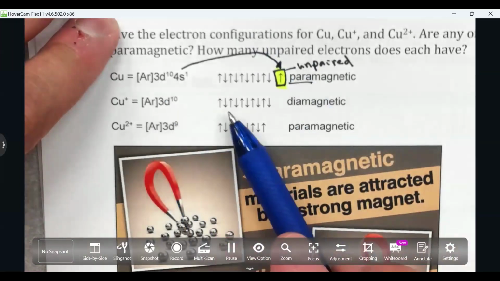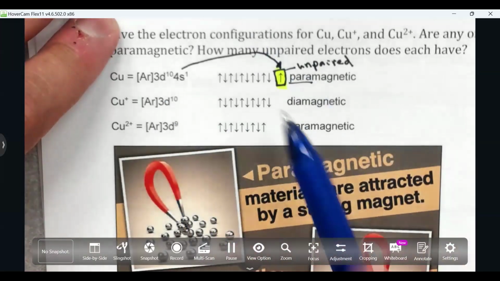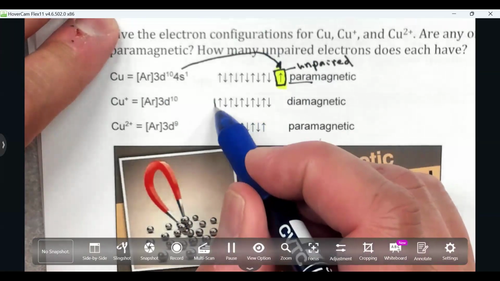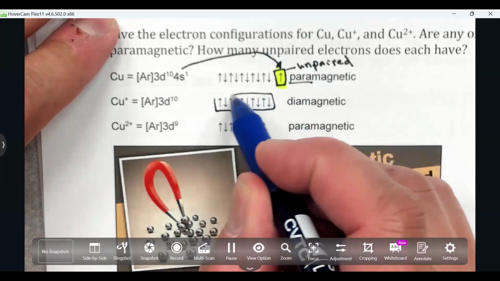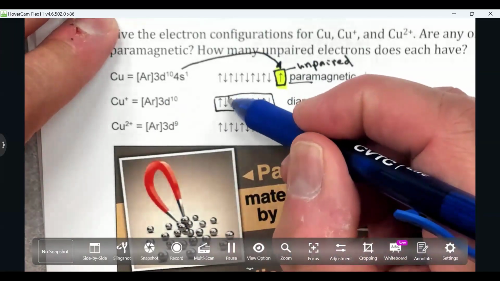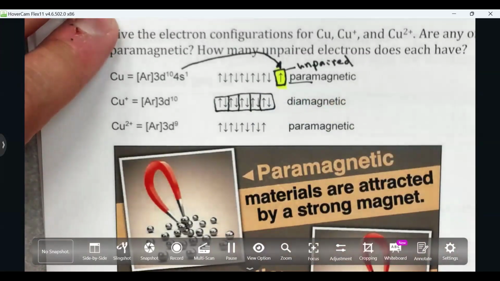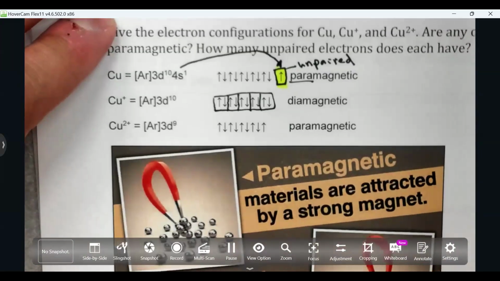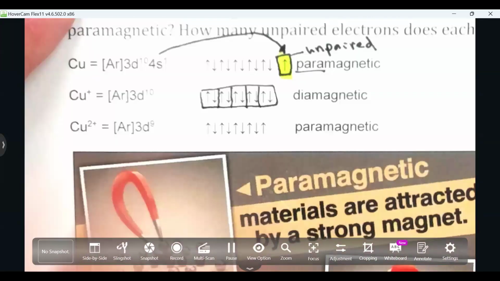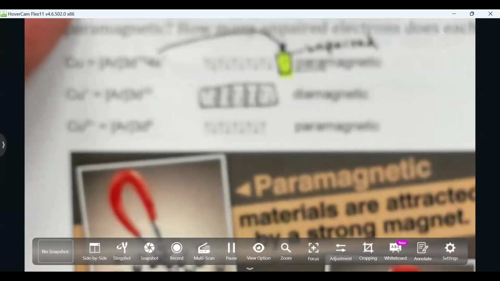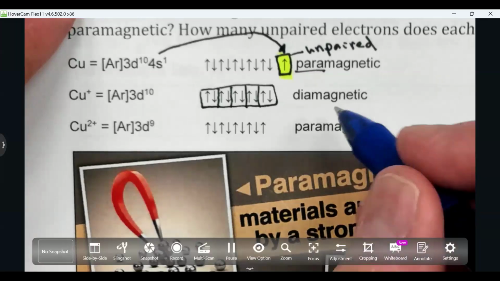Everything here, this is 3d10. D10. Everything's paired. Diamagnetic.